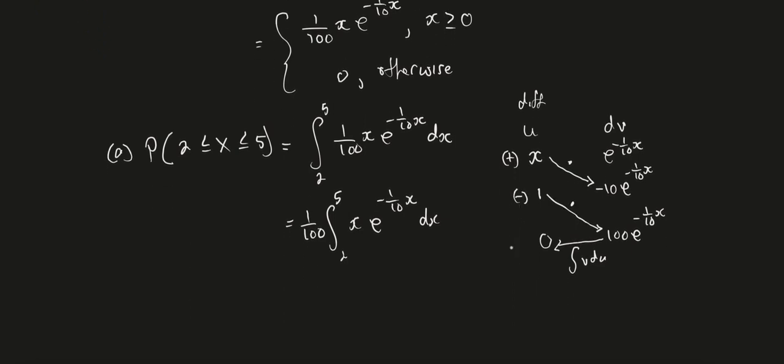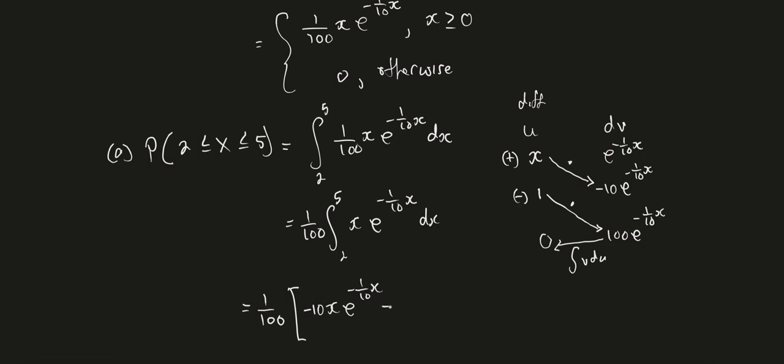So looking at this table, I can write down my antiderivative like this. I'll put it in square brackets. So it's a positive x times this negative 10 e to the negative 1/10 x. So I have negative 10 x e to the negative 1/10 x, and then minus 1 times a positive 100 e to the negative 1/10 x.